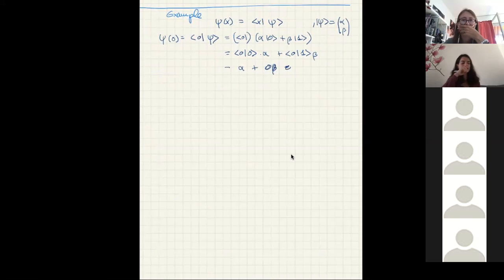Okay, so if we do it in the column basis, in the vector, we go again. Psi of 0 is ⟨0|, which is (1, 0), times (alpha, beta), and then this is directly alpha times 1 plus 0 times beta.